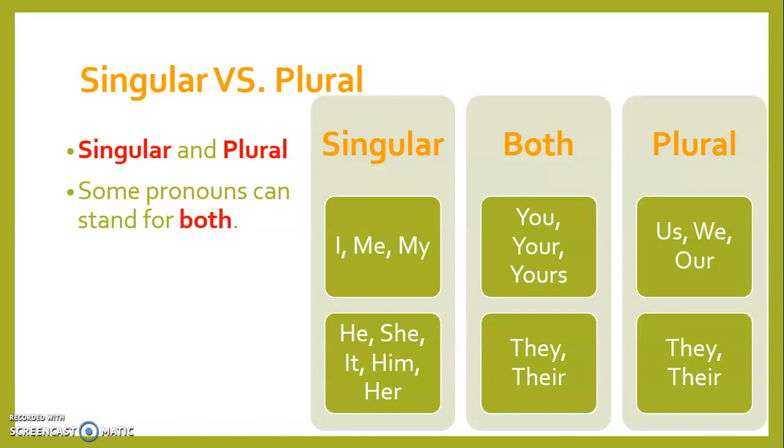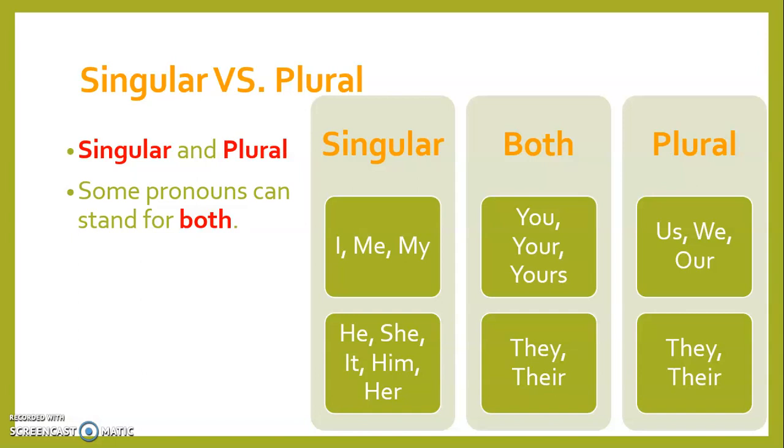And under our both column, we have a bunch of pronouns that are flexible, especially the second person pronouns, you, your, and yours. These pronouns can stand for nouns that are singular or plural. And the third person pronoun they or their can also stand for singular and plural nouns.